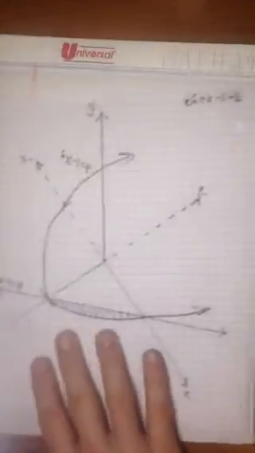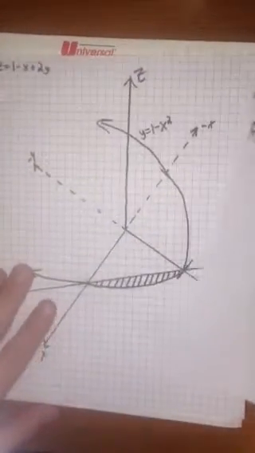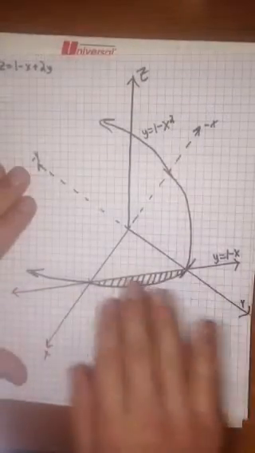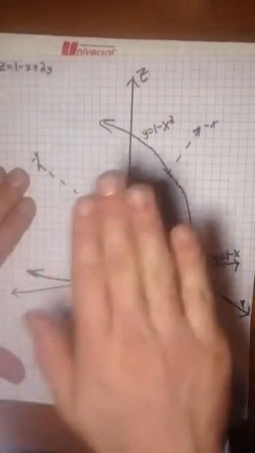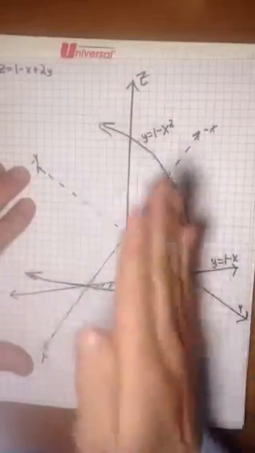Let's say maybe it goes like that. I don't know. Maybe it goes like that or something. I don't know what that plane does. Doesn't really matter to me, actually. All I know is that z goes from here in the xy plane from z equals 0 up to this region, and it's going to do whatever weird thing that this plane does.